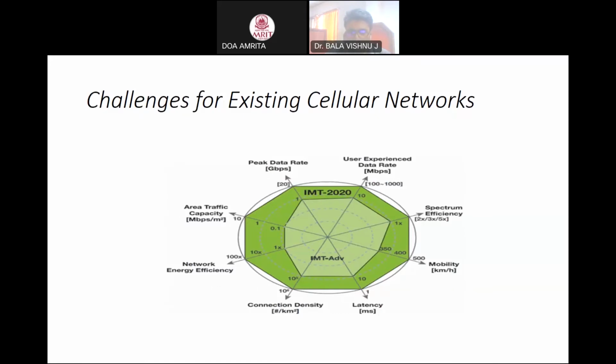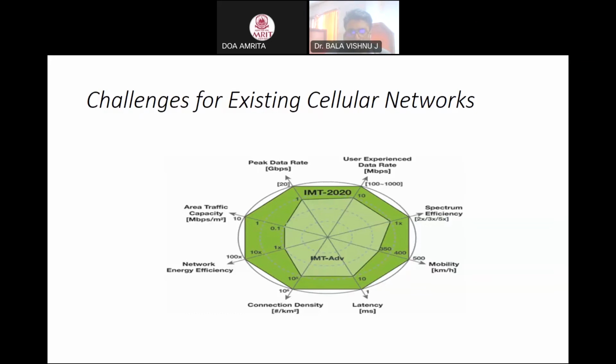LTE is able to give about 350 kilometers per hour of mobility, whereas in many areas like bullet trains and many high speed cars, the speed will be about 400 kilometers per hour. So we are going to achieve it. For that, how we are going to have technologies to get that is also a main thing.